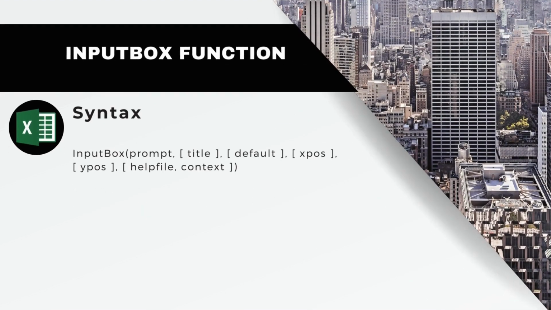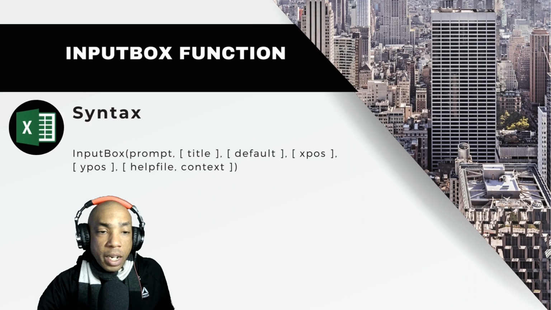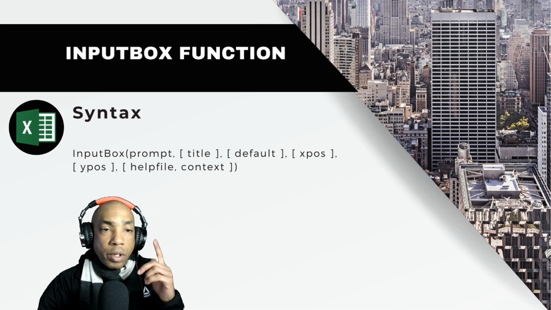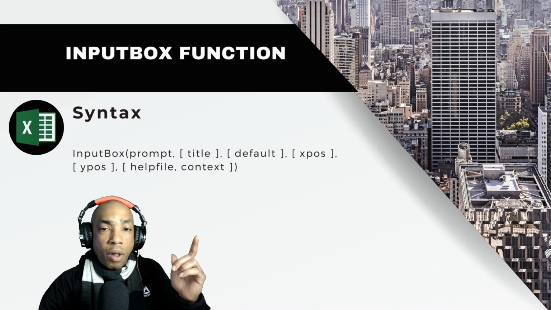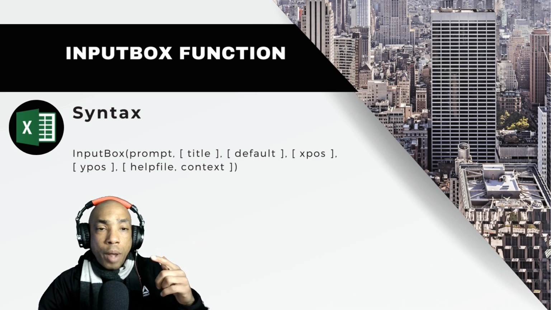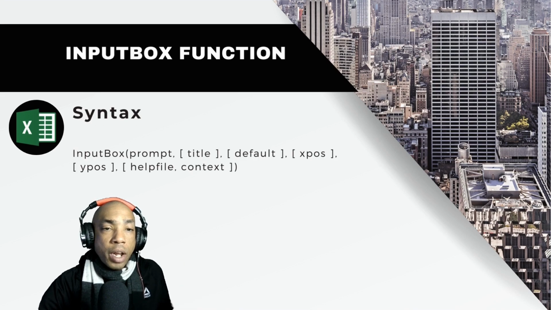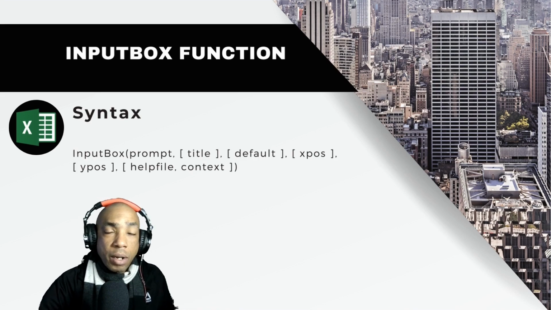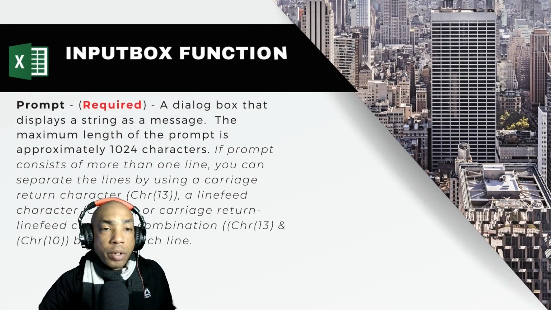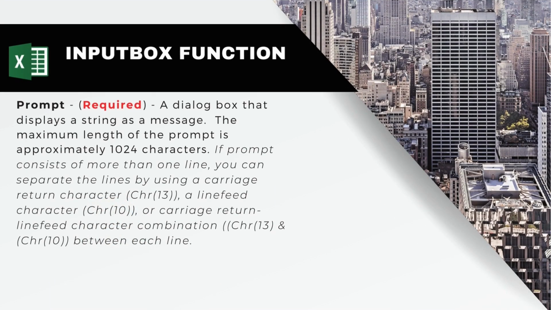So this is what the syntax looks like. It would be the input box prompt, the title, default, X position, Y position, help file, context. We're not going to use it to that full extent, but just in a simple way. All you need is a prompt. The prompt is required. It's a dialog box that displays the string as a message.